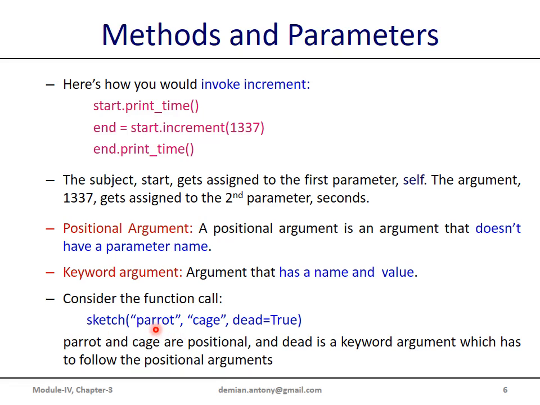Whatever parameter in the formal definition of the function receives them, no formal parameter name is specified here, you can see. But this is a keyword argument, where the formal argument name is specified along with the value.